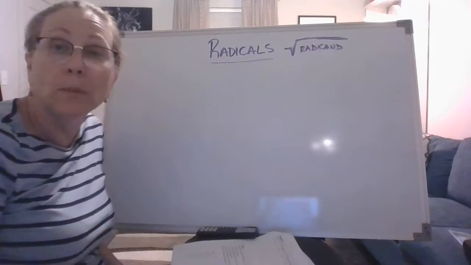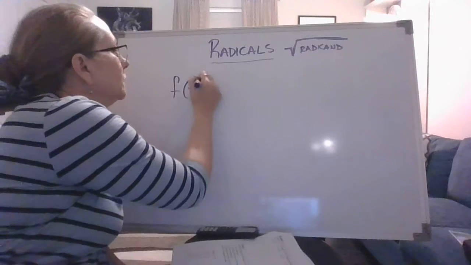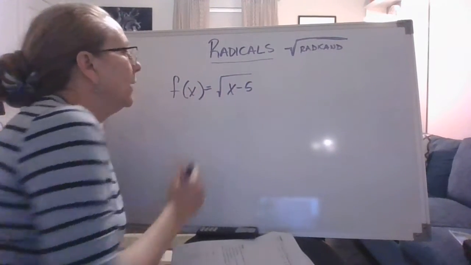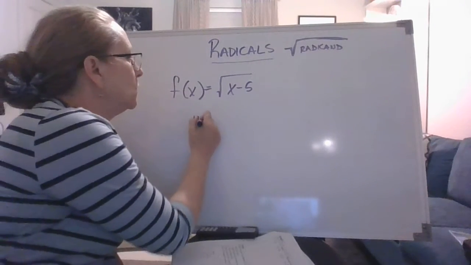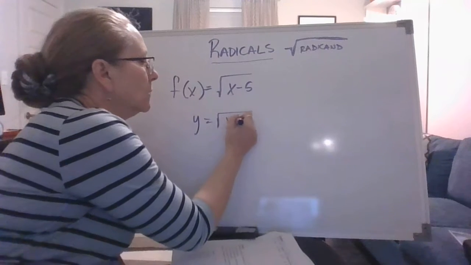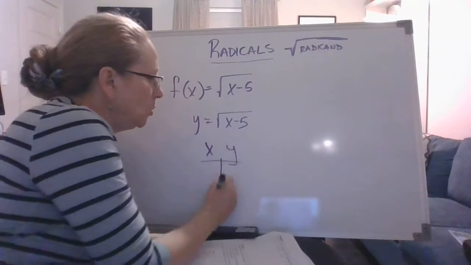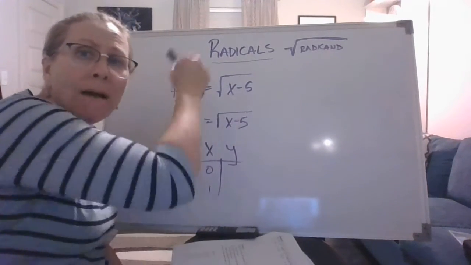Now, functions are used frequently, and here's a function with a radical. You're like, what is that f of x thing? Well, this could be written as y equals the square root of x minus 5. And we could do that good old xy t-chart, plug in some numbers, find our y values and graph it.